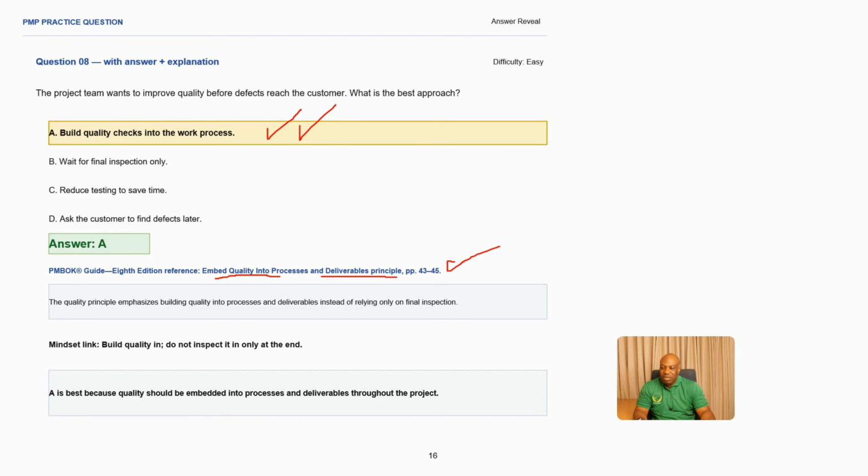The quality principles emphasize building quality into processes and deliverables, instead of relying only on inspection. So what mindset are we applying here? You need to build quality in and not inspect it only at the end. This can lead to delays in the project, making A the best answer, because quality should be embedded into processes and deliverables throughout the project.